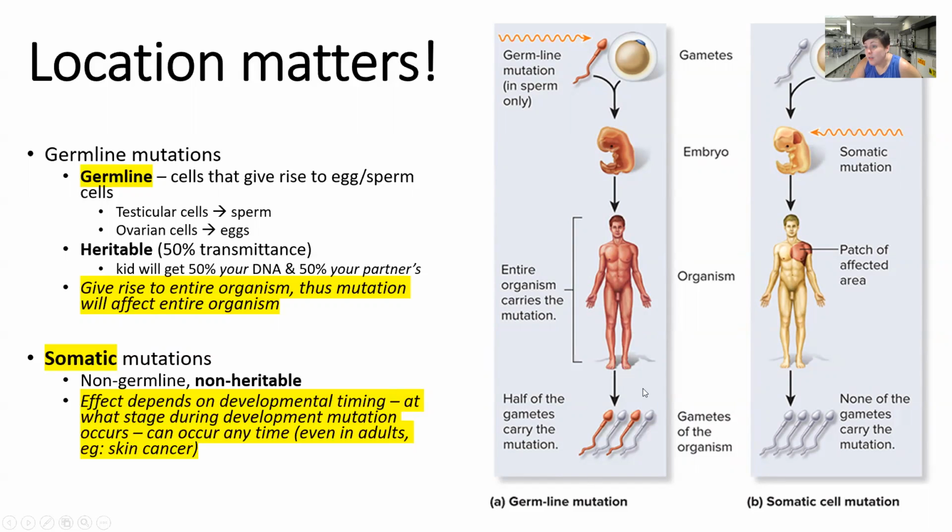That means half of the gametes would carry that mutation, not all. Half is coming from the father or the grandfather, and half is coming from the mother. So if you have a mutation in the germline, all of the cells in this organism are going to carry that mutation.